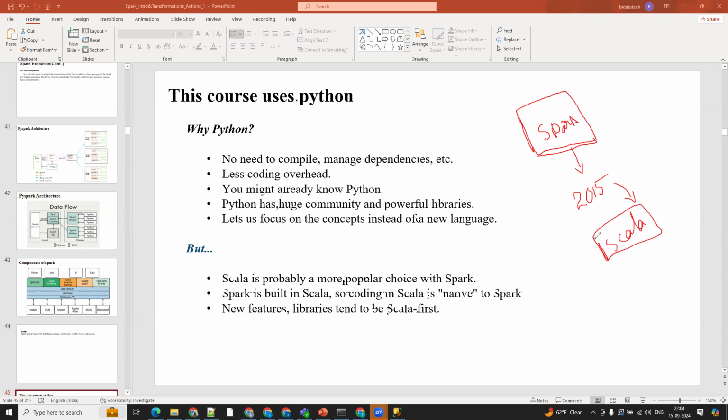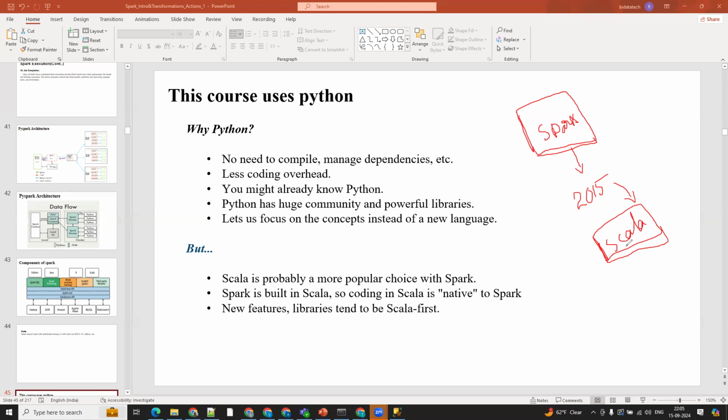At that time, Python was also extensively used by data scientists. They need to process huge volumes of data and run iterative algorithms, right? They are very good in Python, not good in Scala.